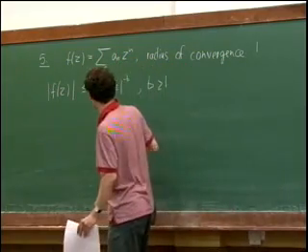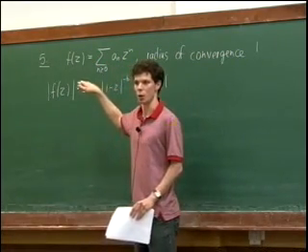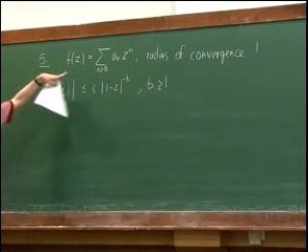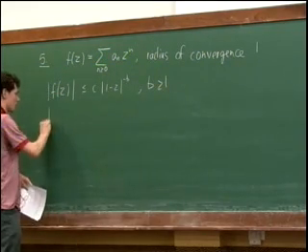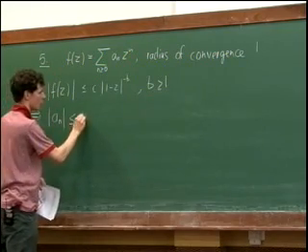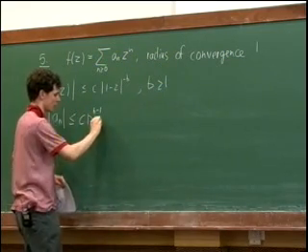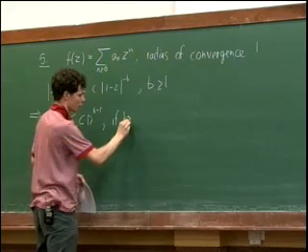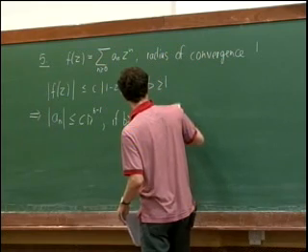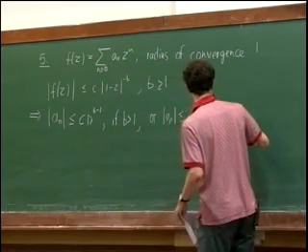So this function blows up as z approaches 1. And under this assumption, we can conclude that the coefficients a_n will grow at most like c, which is another constant, times n to the power b minus 1 if b is greater than 1, or like a log of n if b is equal to 1.